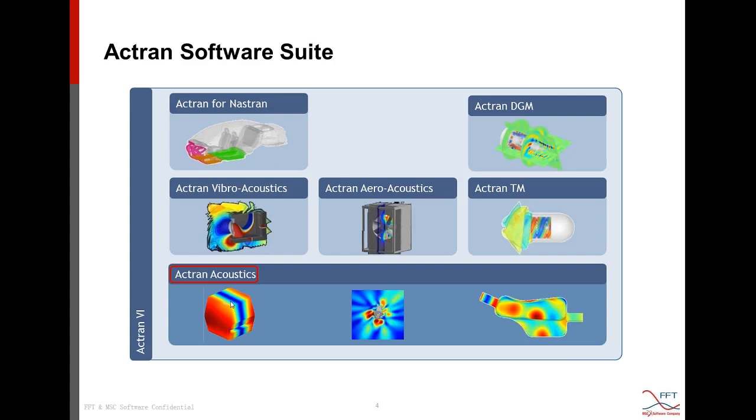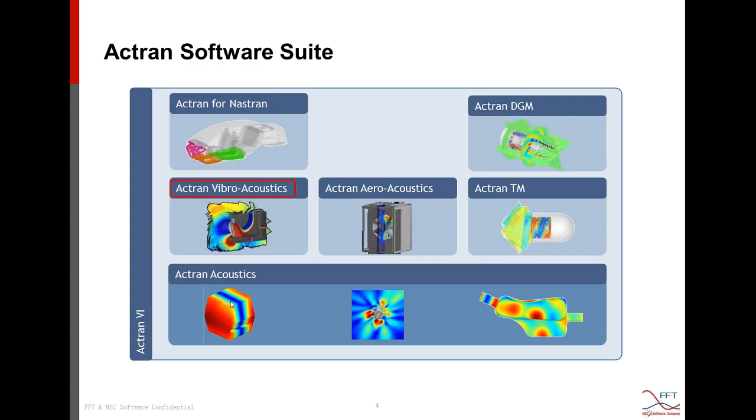Now, as the physics become more complex, we will need more advanced modules to address the challenges. On the left part, we have the vibro-acoustic branch. The Actran vibro-acoustics module solves a strongly coupled structure and fluid problem.